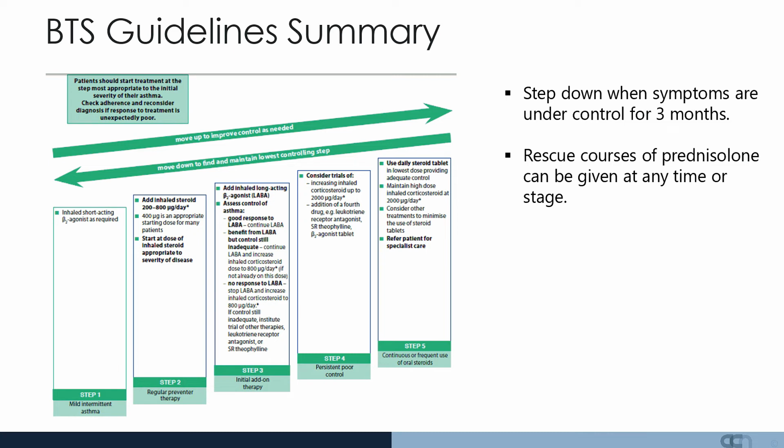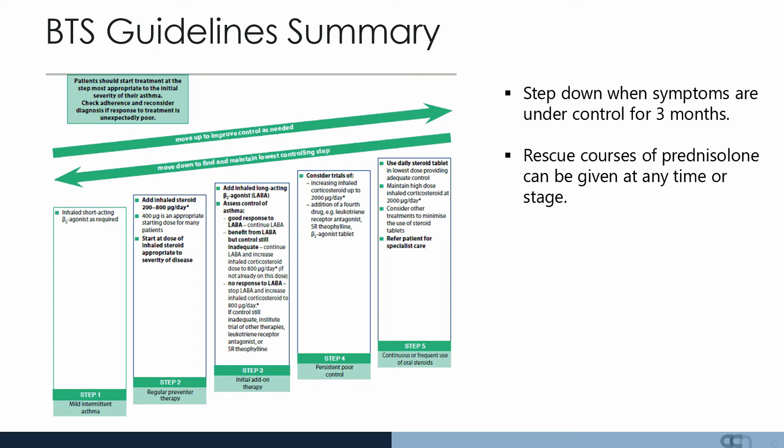In step 4, which is used for patients with persistent poor control, trials of very large inhaled doses of corticosteroids are used, and a 4th drug such as theophylline can be introduced, or a beta agonist tablet.